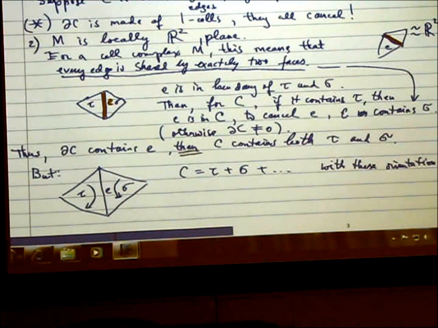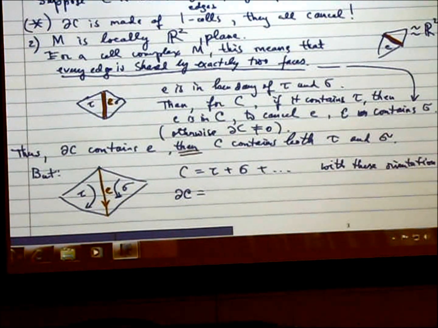Then let's compute the boundary. Let's choose E going this way, the orientation of E going down. If you start computing the boundary, you'll be fine, right? It will be d tau plus d sigma.